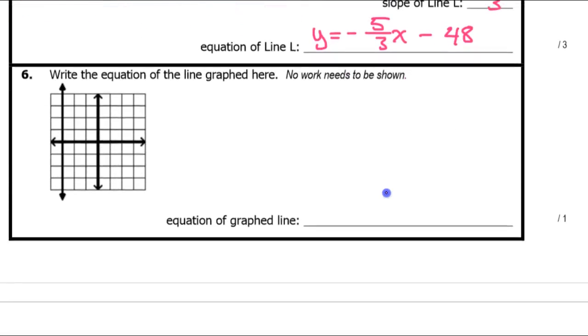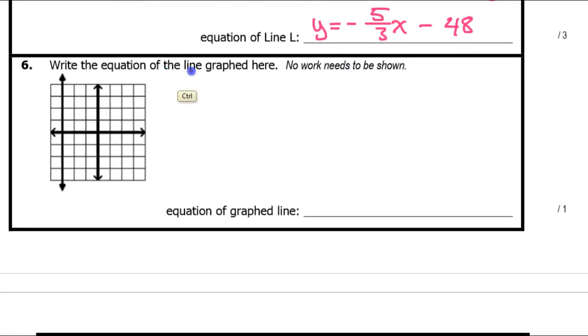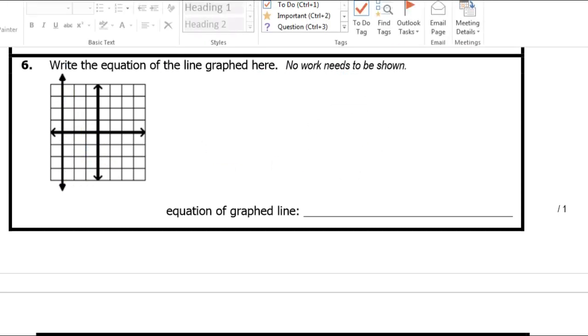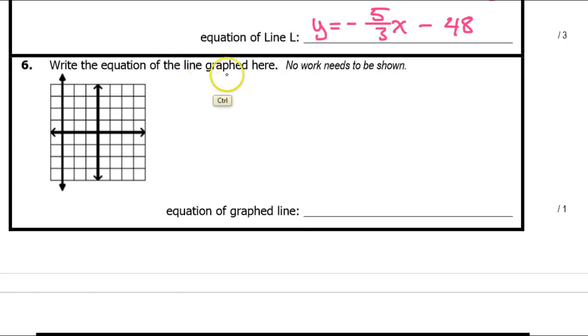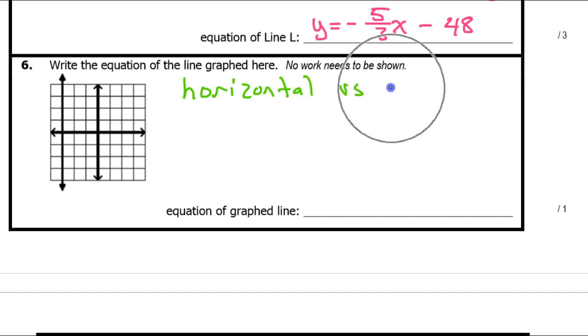Okay, what's next? Write the equation of the line graphed here. Well, this is a vertical line, so I'm not going to need to make a chart or anything. Here's what you need to keep in the back of your mind: a horizontal line versus a vertical line.